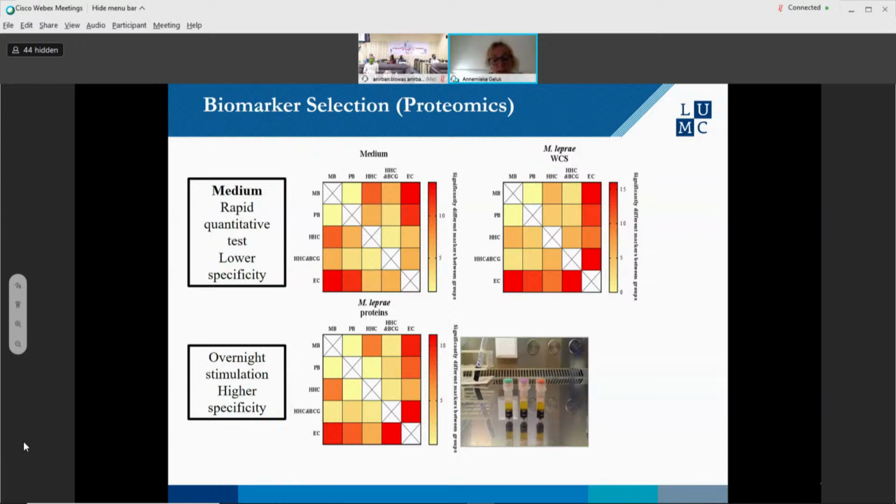However, if you have an overnight stimulation step, then you see that there are more biomarkers that are different between the endemic control group and, for instance, the multibacillary patient group.